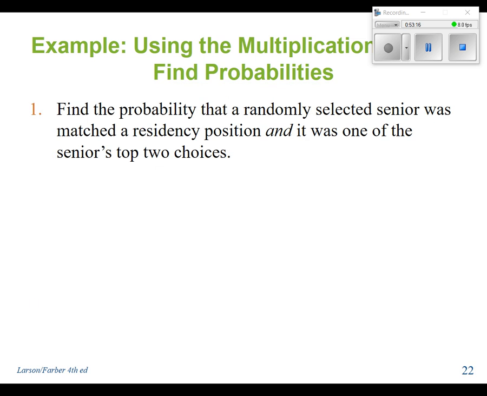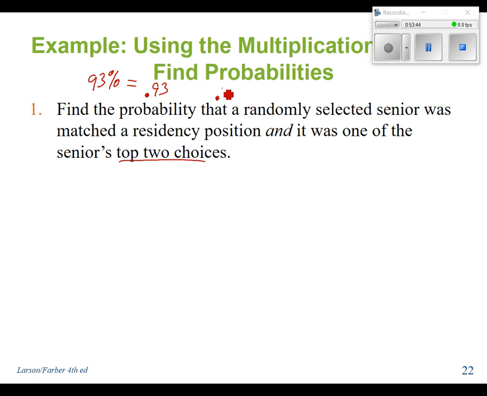Find the probability that a randomly selected senior was matched with a residency position and it was one of the senior's top choices. First of all, how many of the seniors were matched? It was 93%, wasn't it? Yeah. What's that as a decimal? 0.93. And then what ones got one of their 2 choices?